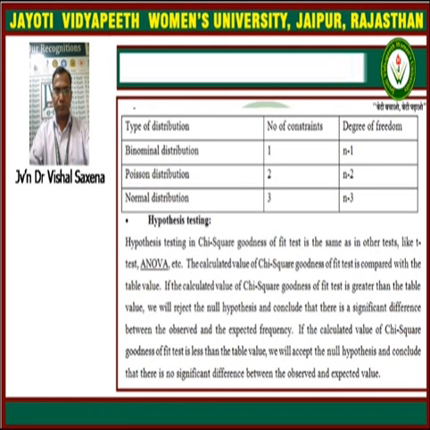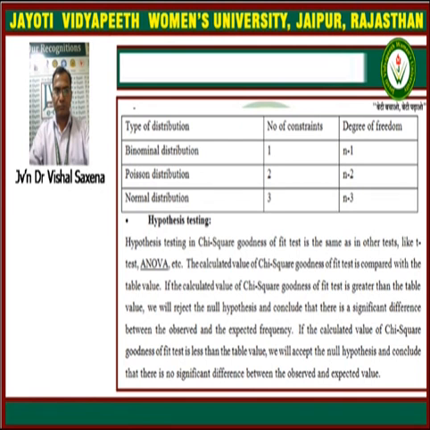Hypothesis testing here is similar to other tests like the t-distribution and the ANOVA. We find the chi-square value and check, at a particular level of significance, whether the calculated value is greater than the expected or table value.